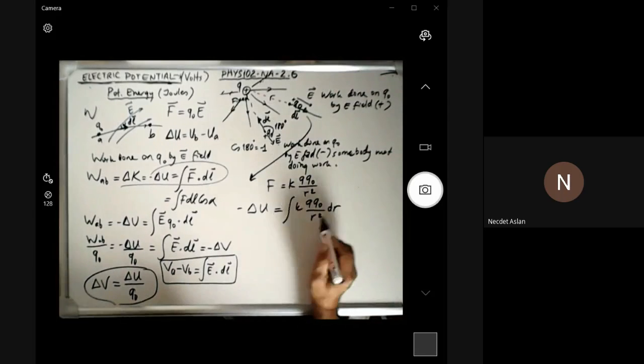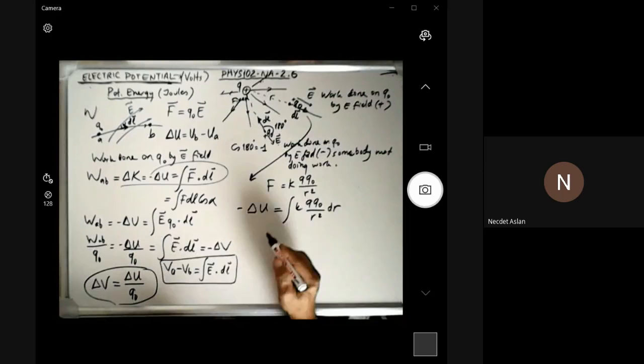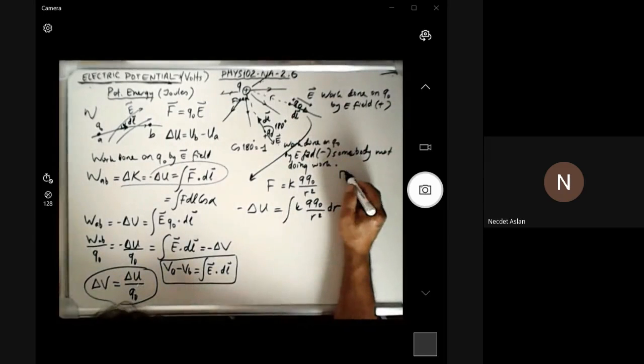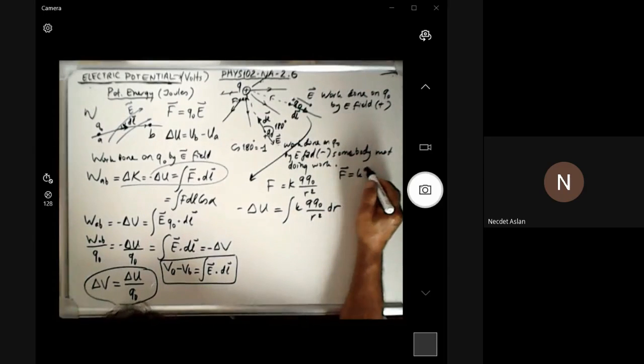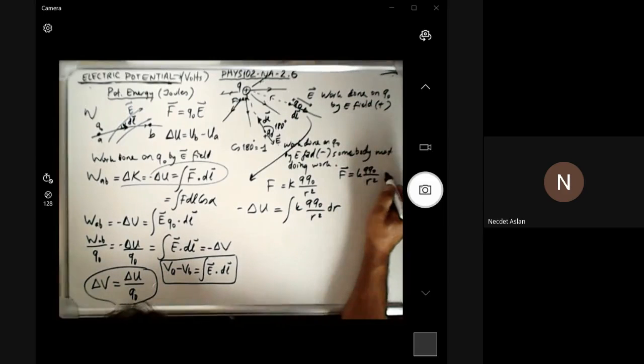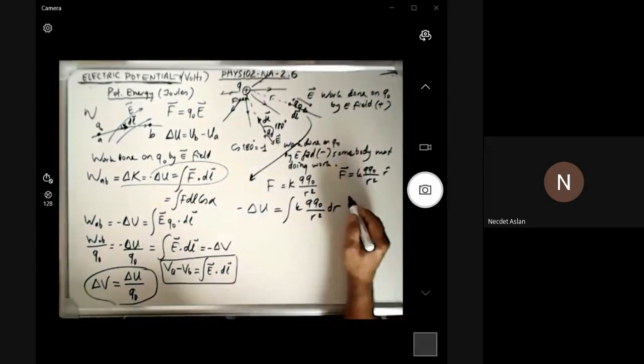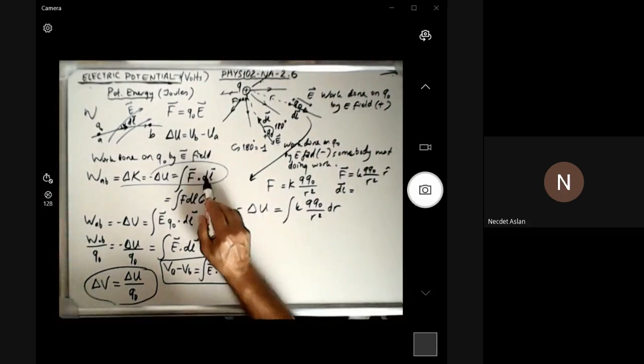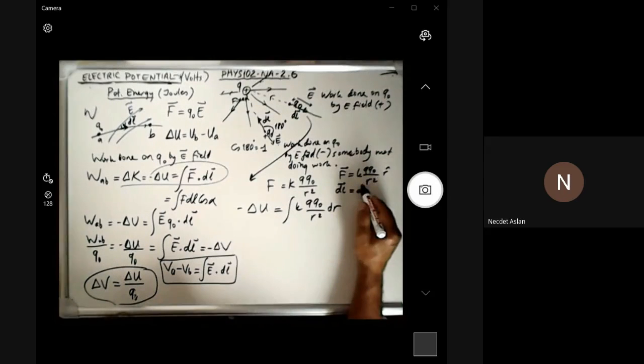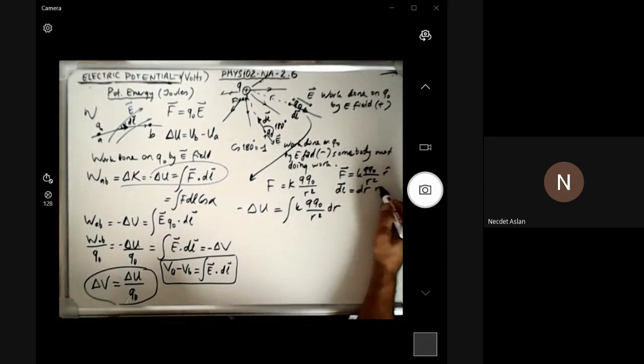dr. Now don't forget, the force as a vector is written as K Q0 over R squared times the R unit vector, because it's radially outward, and the dl vector you are using here is dr times the R unit vector.